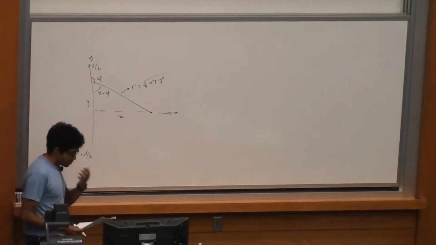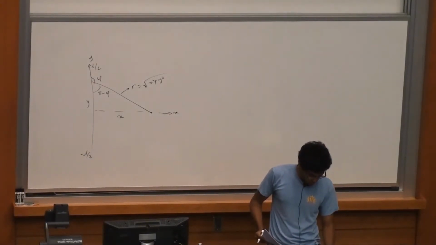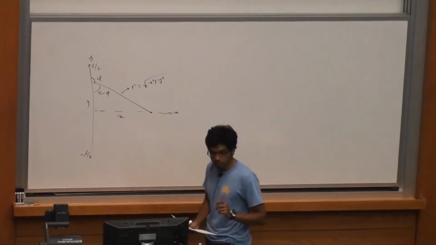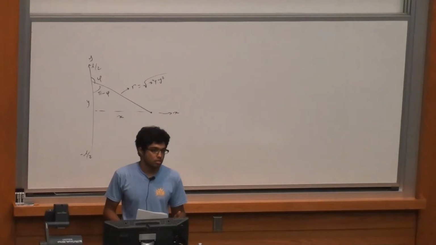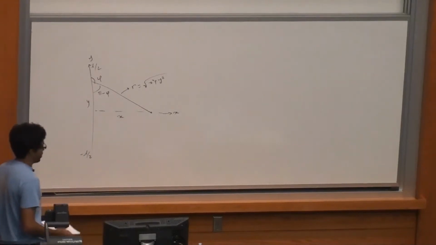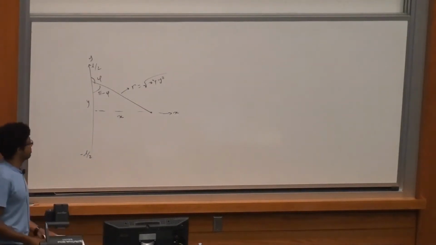Now for this, we encountered this last time. We don't have symmetry to exploit here, so we can't use Ampere's law for this. So we would have to use the Biot-Savart law, right? That's one of the reasons I gave this problem, so you can test and make sure you guys know the Biot-Savart law.